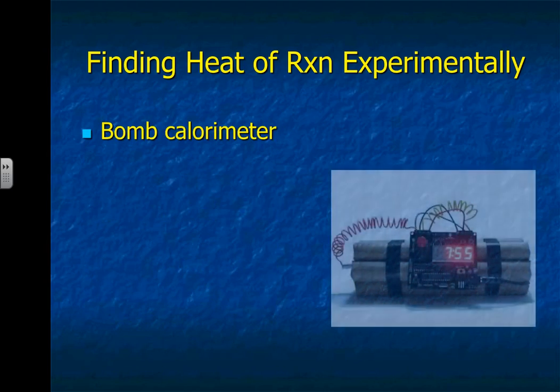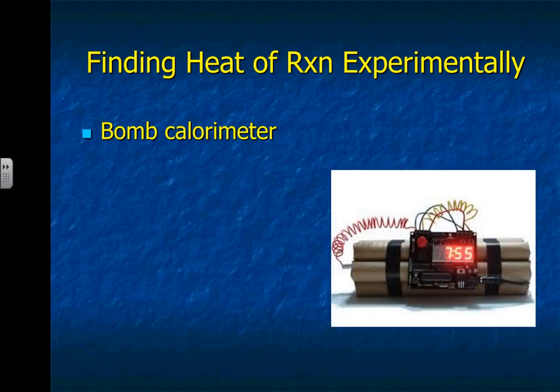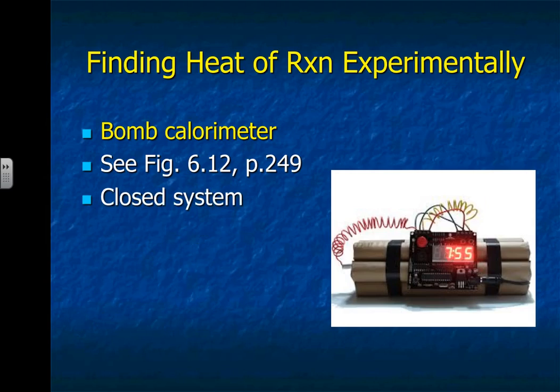The big fancy version is actually called a bomb calorimeter. Yeah, not that kind of bomb. Don't get excited. If you are still in your Ebbing handouts, flip to page 249 and look at the figure at the top of the page, and you will see a little cartoony drawing of what it looks like. The thing to notice is that this system is completely closed.